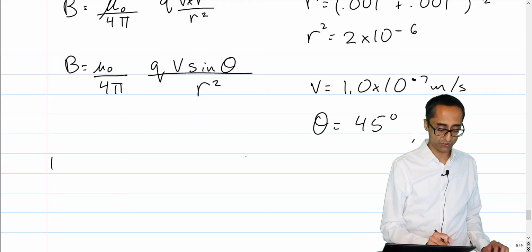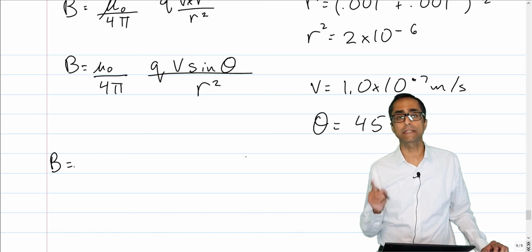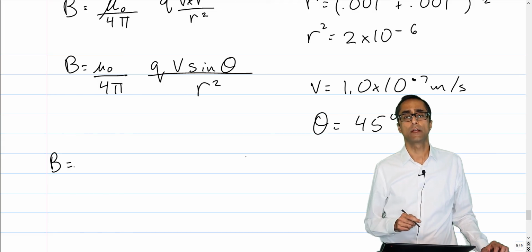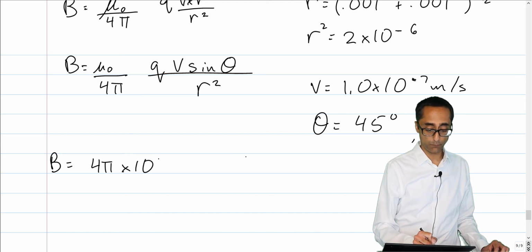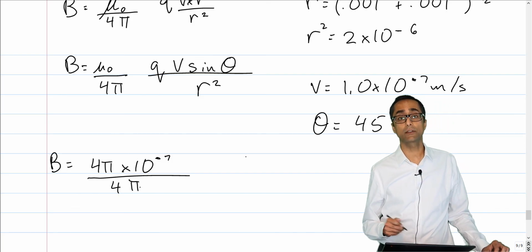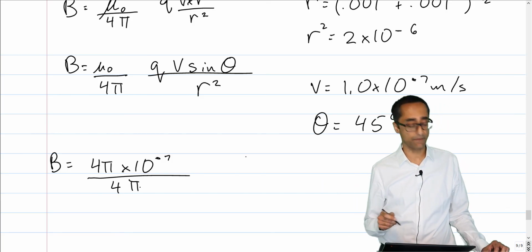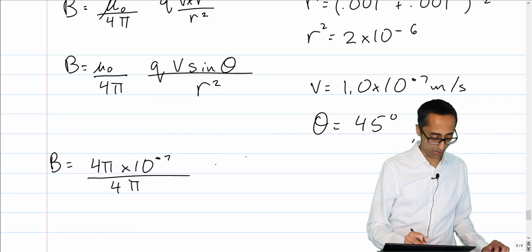Let's throw these values in, and I highly, highly recommend that everybody try this right now on your calculators, because sometimes people get messed up with these types of problems. For example, with the 4 pi's. So you've got your 4 pi's disappearing with one another. Make sure you can handle the 1 times 10 to the 7 properly on your calculator. You're not doing it the wrong way.